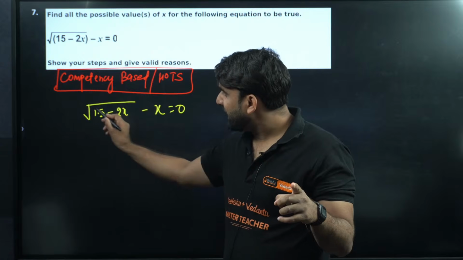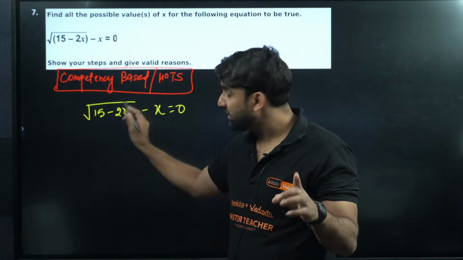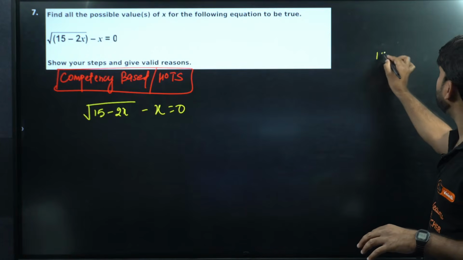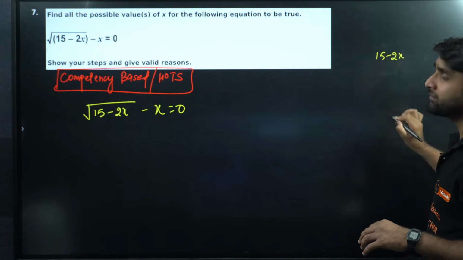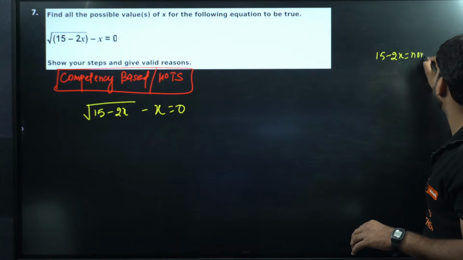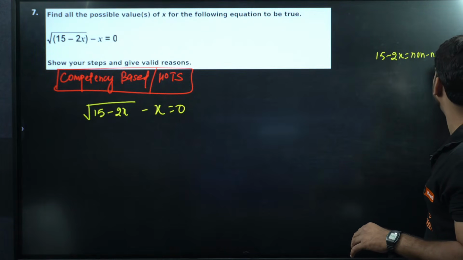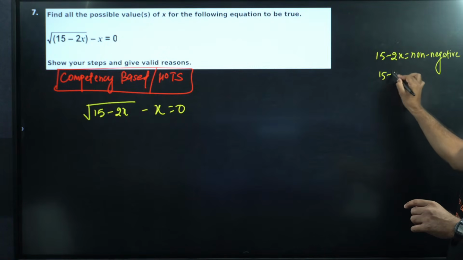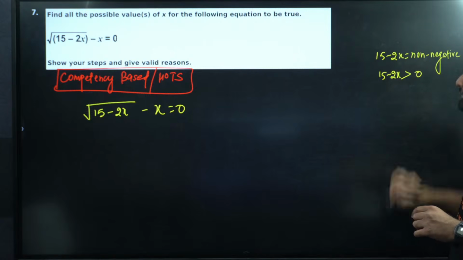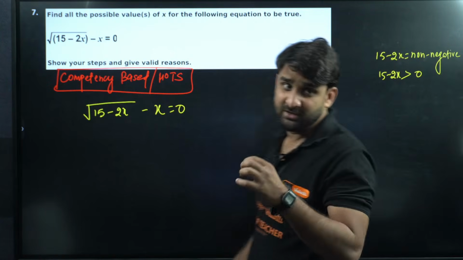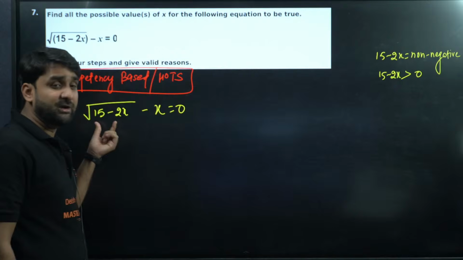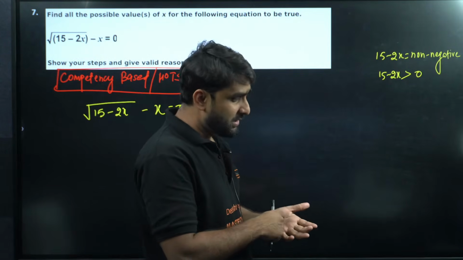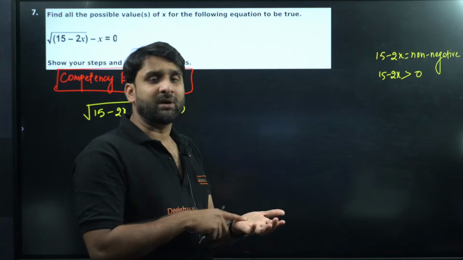If this entire expression is under root, it implies that 15 minus 2x must be a non-negative value, so 15 minus 2x must be greater than or equal to 0. Of course, because it is present inside the root, and any number under root can't be negative.